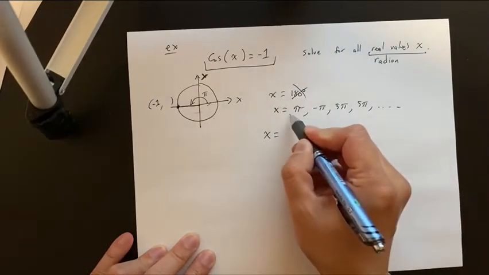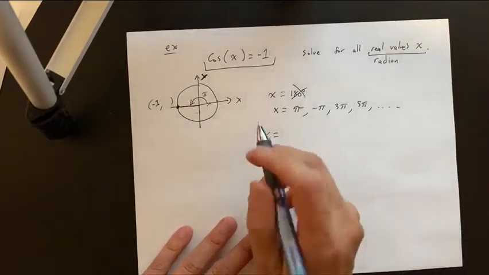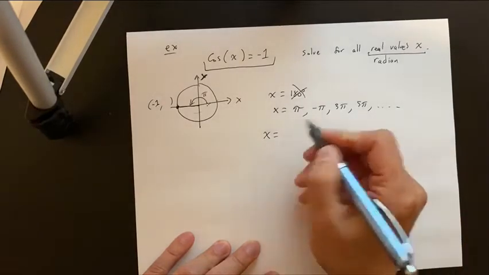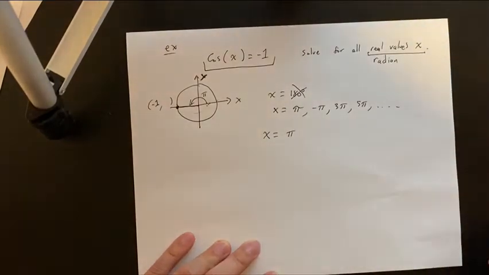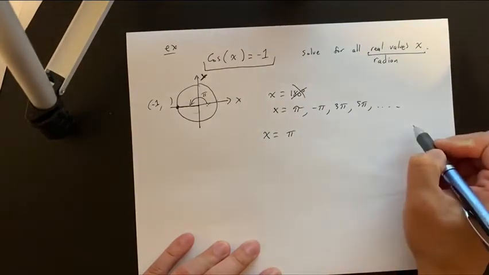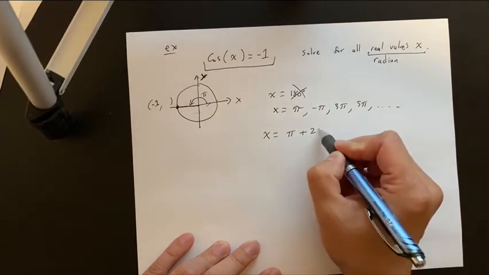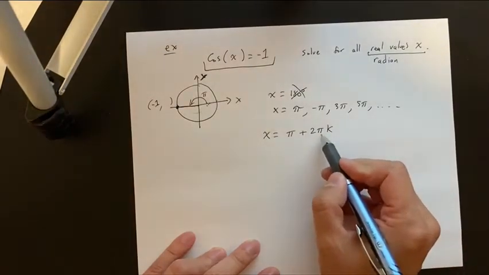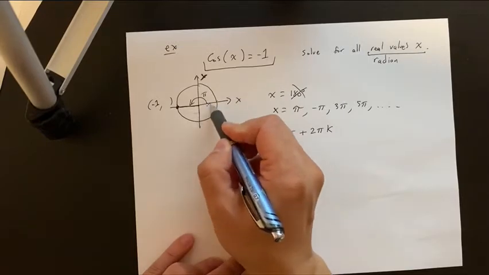And we can't really list out all the solutions. So there's a clever way of stating all the solutions without having to list all of them out. So we're going to use the first angle, and to generate all the other coterminal angles to pi, you just add any multiple of 2 pi. This is different from the first example because to go around a full circle in degrees, that's 360 degrees.